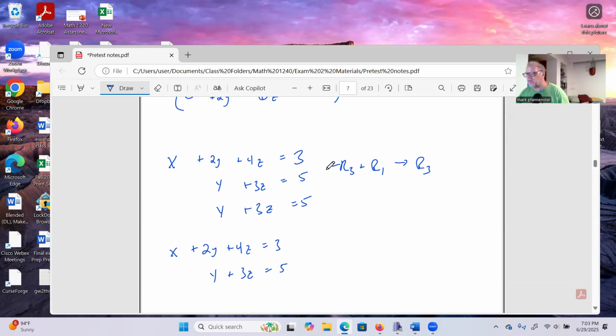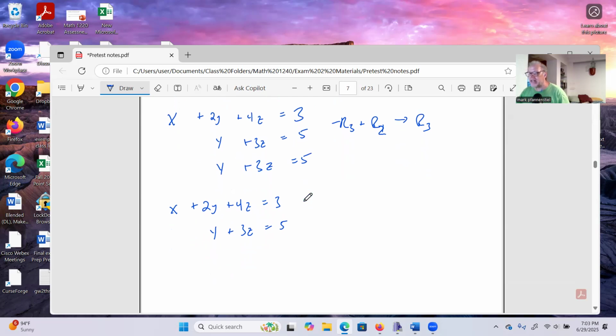And then when I say negative row 3 plus row 2, we actually end up with 0 x's plus 0 y's plus 0 z's is equal to 0. Well, no kidding. Anything I pick for x, y, and z will be just fine here. So when we have a row of zeros, we get a free variable.